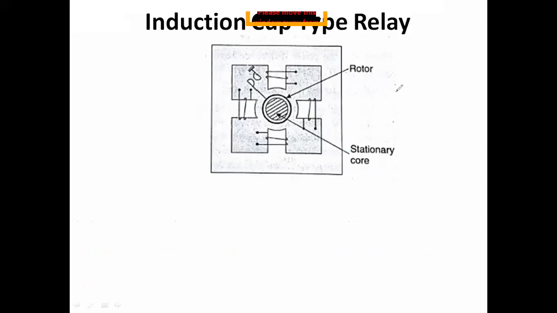In an induction motor, you have a solid cylindrical rotor, but in an induction cup type relay, we basically have a cup-like structure, and we provide a solid cylinder inside it.